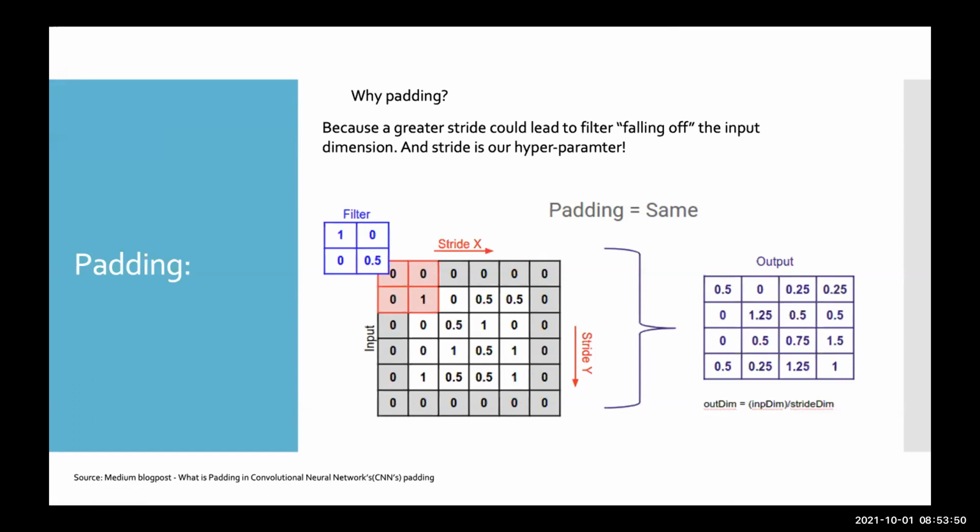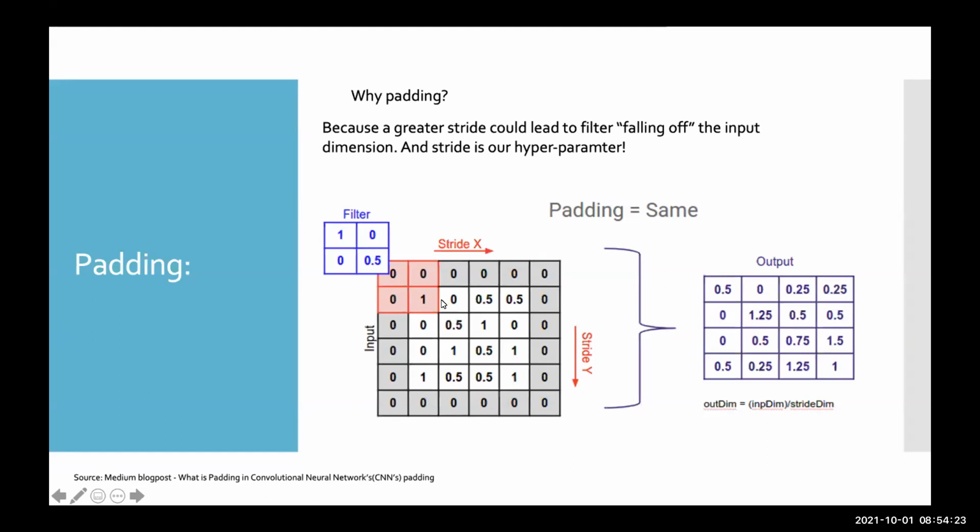So for example, let's imagine that our stride is 3. If our stride was 3 with just our original image, so ignore the padding right now, and our kernel size was 2 by 2, we would start here, right?